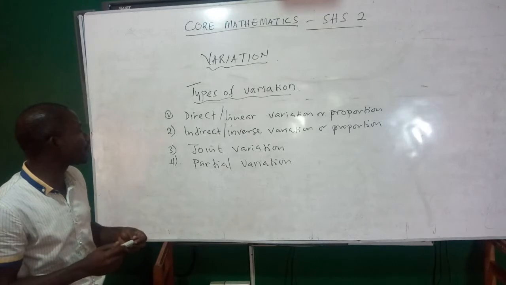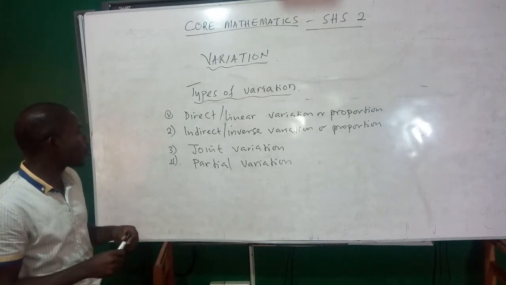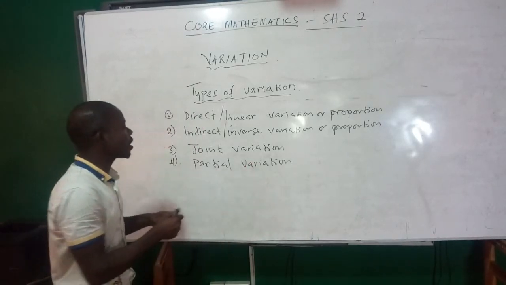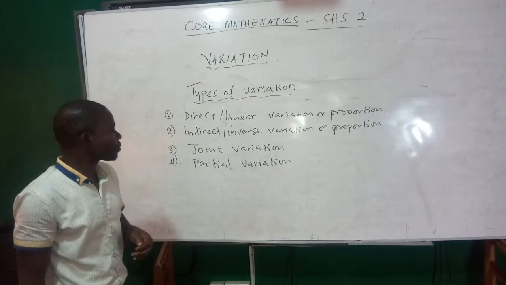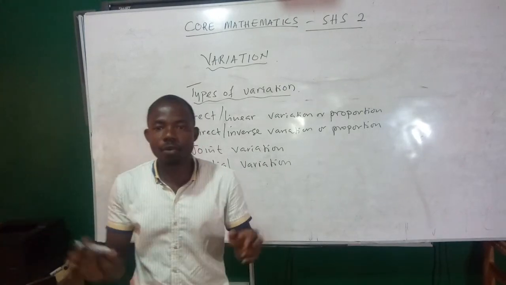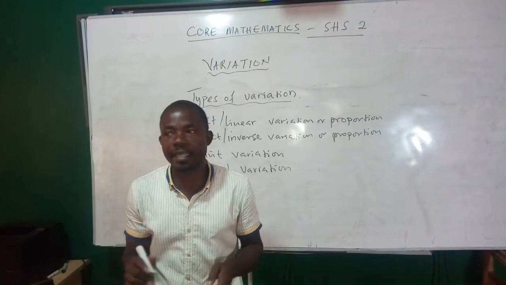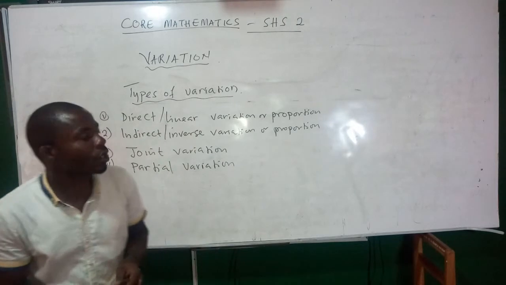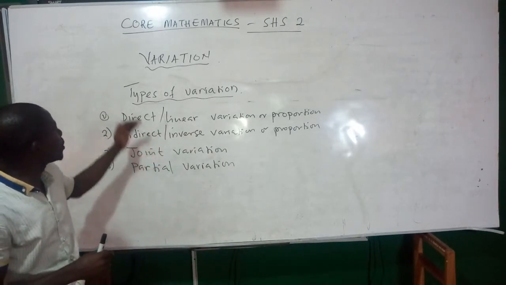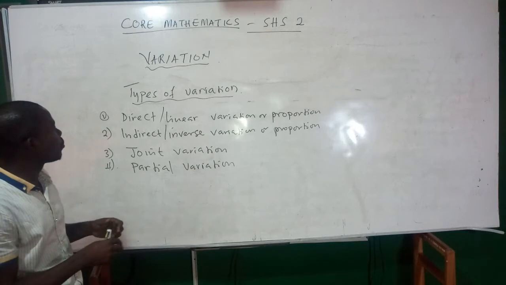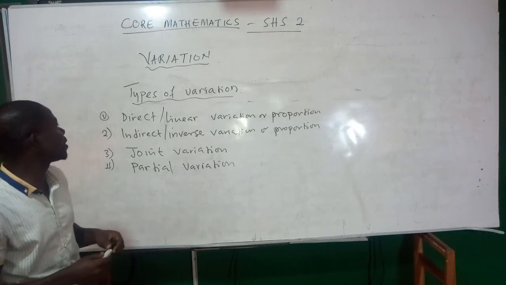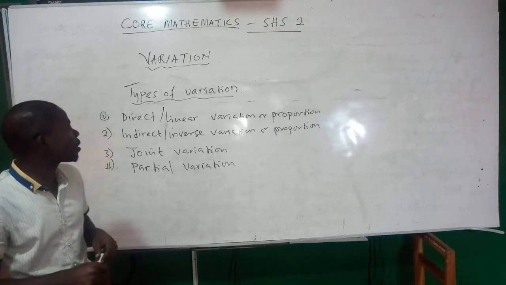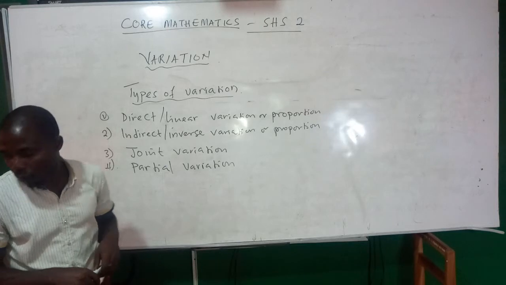Number 3, we have joint variation, and number 4, we have the partial variation. I know whenever you are asked to give the types, you will be able to give it as at now. At this stage, we will take them one after the other, and then we look at what each entails. So first, we will look at the direct or the linear variation or proportion.